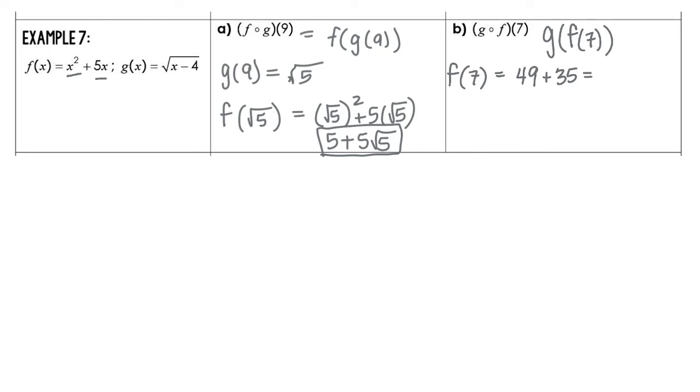And so that looks like that's going to give us 84. And now we need to find g at 84. And that's going to give us the square root of 80. And the square root of 80 should break down 16 times 5. So that's going to be 4 root 5.